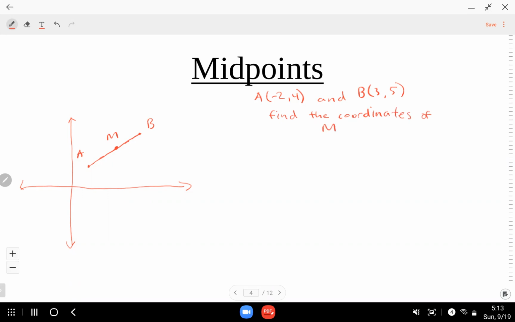We can't just take the measure of AB and divide that by 2. That's the distance from M to B or M to A, all right? We can't do that. So if you were to find the coordinates of M, how would we do that? And we can do that using similar triangles. Okay, so how do we do this?